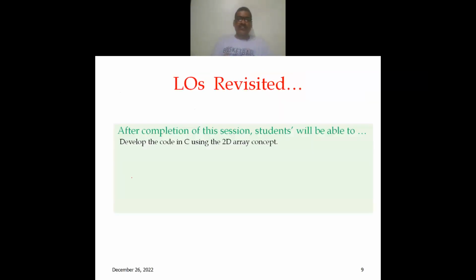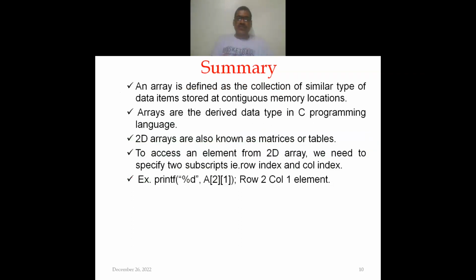So after completion of this session, the student will be able to develop code in C language using the two-dimensional array concept; that is, the LOs are revisited here. Now coming to the summary of today's session, we had a discussion on how a two-dimensional array can be declared. Generally arrays are a collection of similar data type elements which are stored in contiguous memory locations.